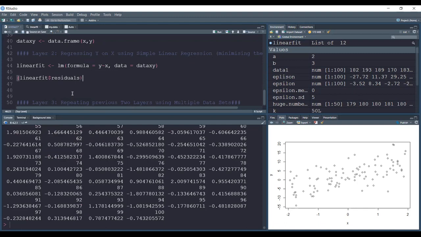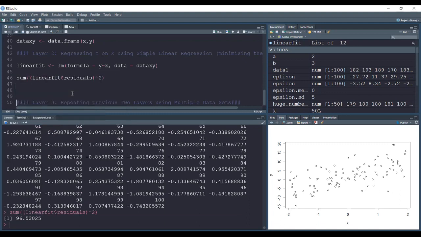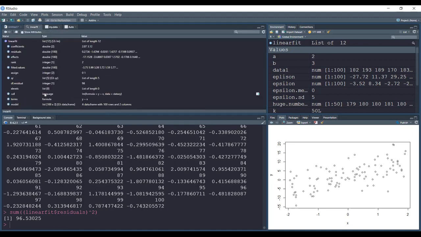You can square them and take their summation. And I wonder if that appears somewhere. 96.53. Was it somewhere over here? 96.53. Okay, so apparently we have to work it out ourselves. It's not in this summary, something like these diagnostics.